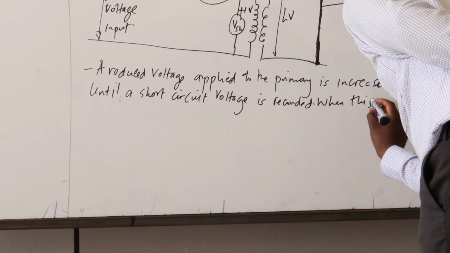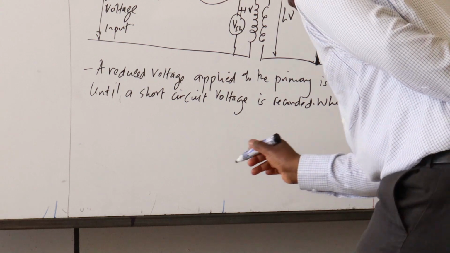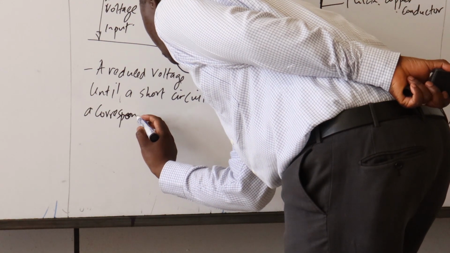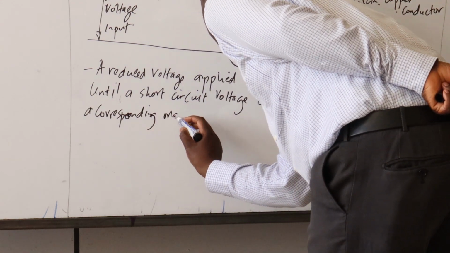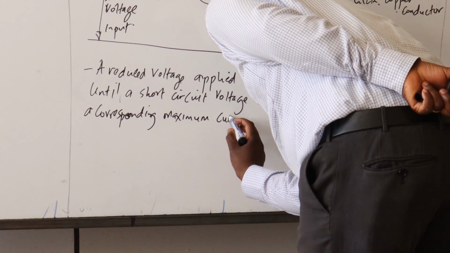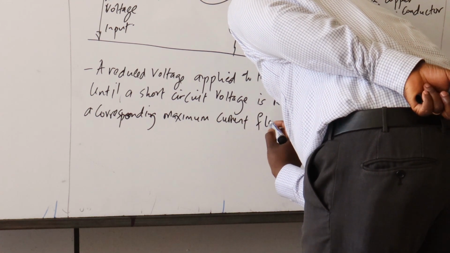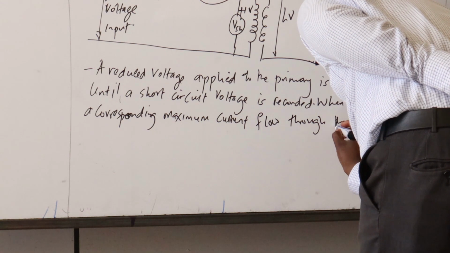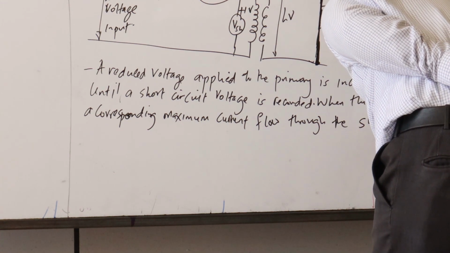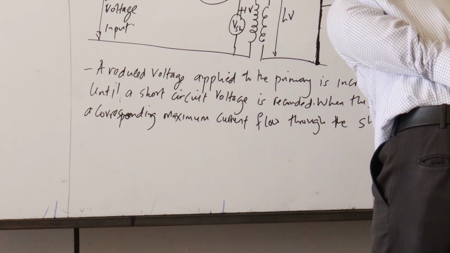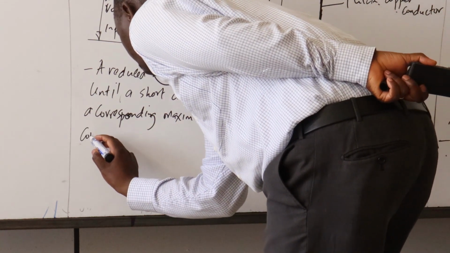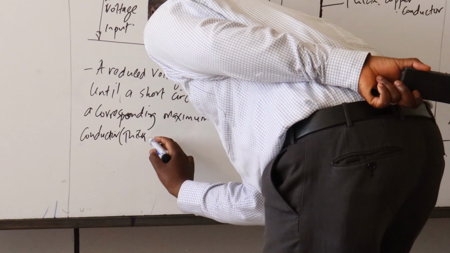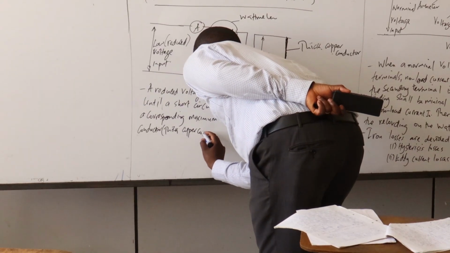When this occurs, the corresponding maximum current flows through the short circuit conductor, which in this case is a thick copper conductor.